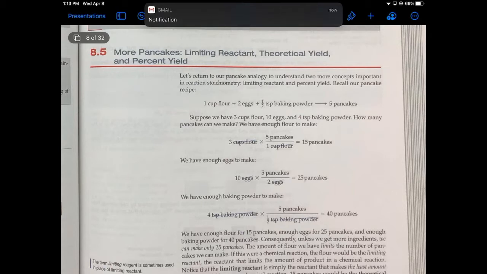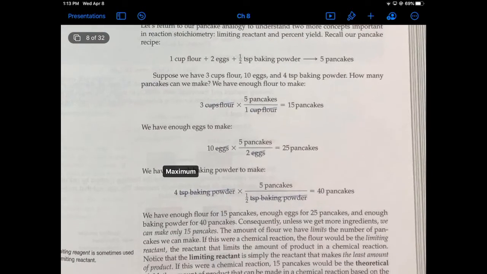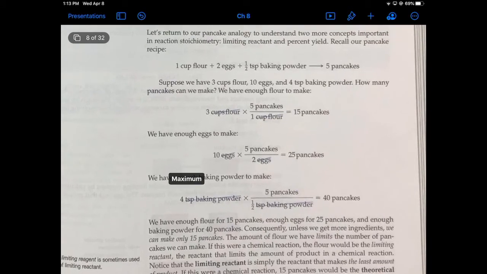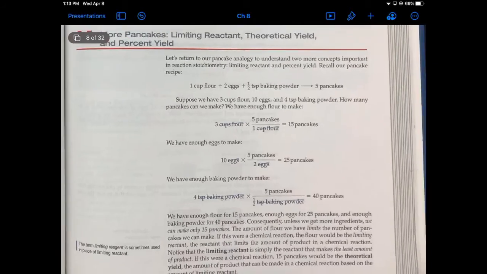If you look at the bottom one there, 4 teaspoons of baking powder converted to pancakes yields 40 pancakes. The 10 eggs yields 25 pancakes, and the 3 cups of flour, which you think you'd have the most of, so it wouldn't run out, was really only yielding 15 pancakes.